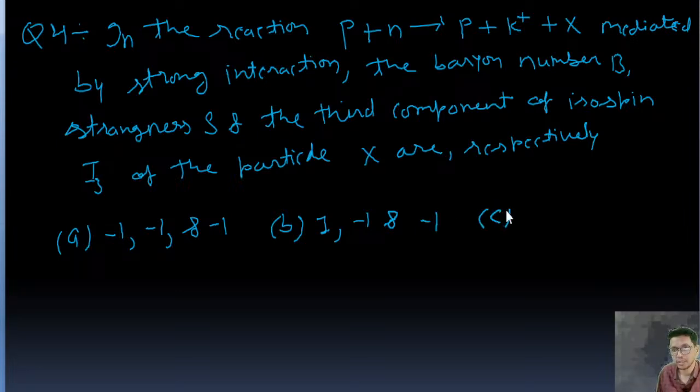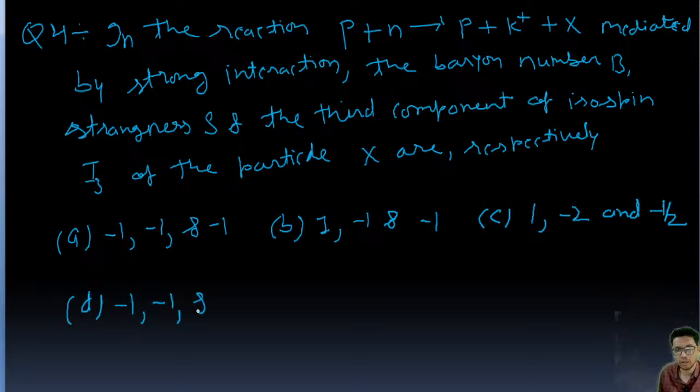Option C is 1, -2 and -half. Option D is -1, -1 and 0. So these are the options.